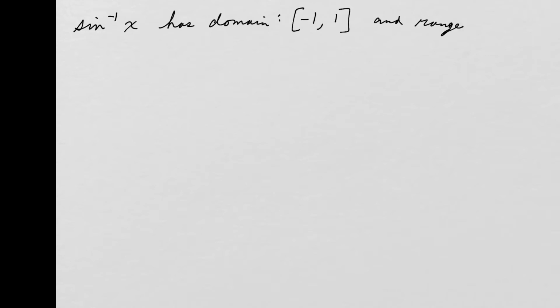So the range is going to be between negative pi over 2 and pi over 2. And by the way, sometimes instead of saying inverse sine, we call this the arc sine. So another name for inverse sine is arc sine of x.